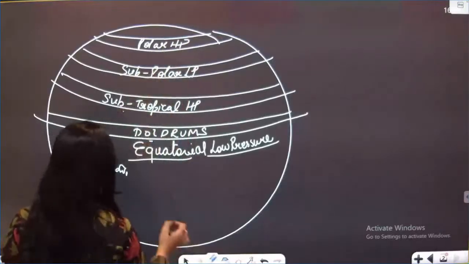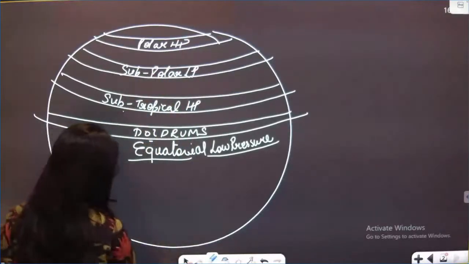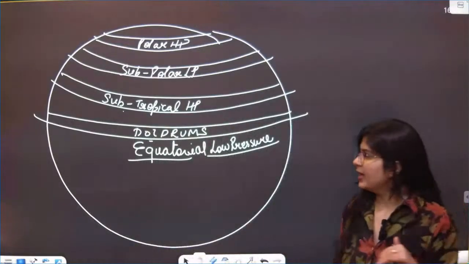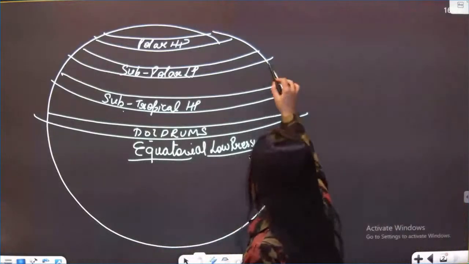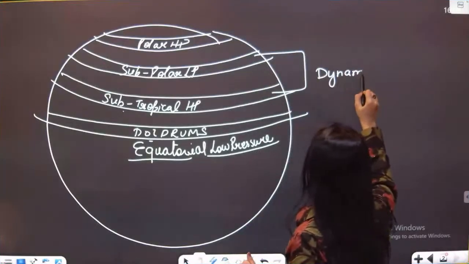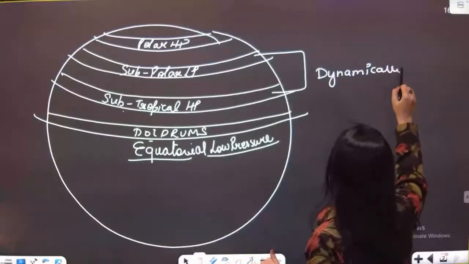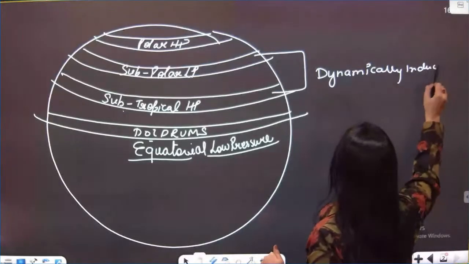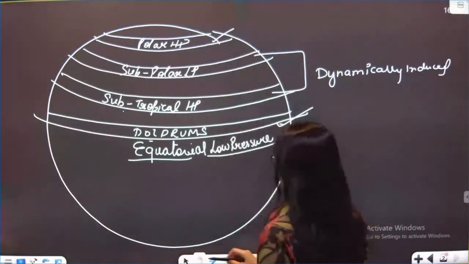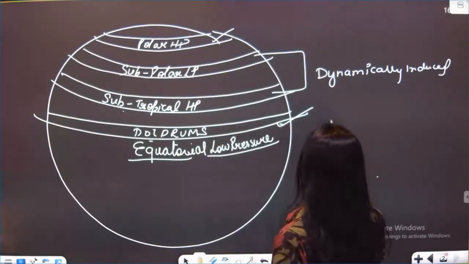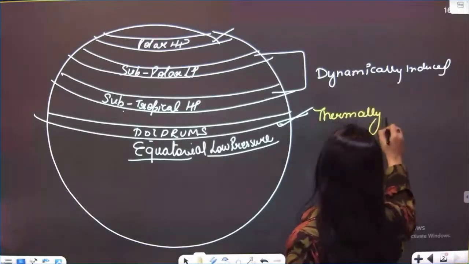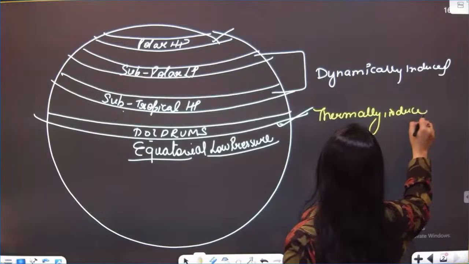I hope you know that there is going to be the mirror image of the same in the southern hemisphere also. And apart from that, a very basic one: these two are dynamically induced, and the polar high and equatorial low pressure belts are thermally induced.